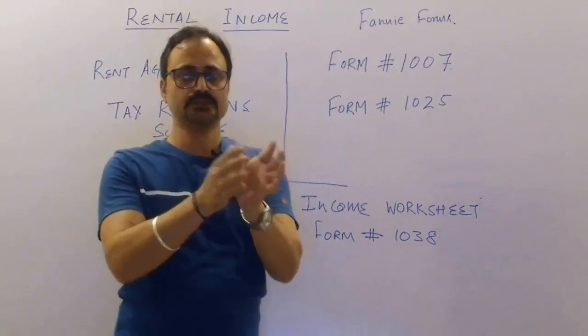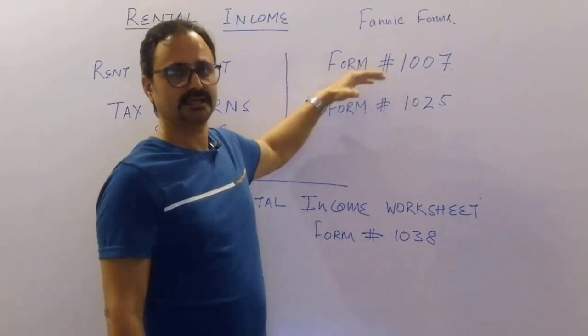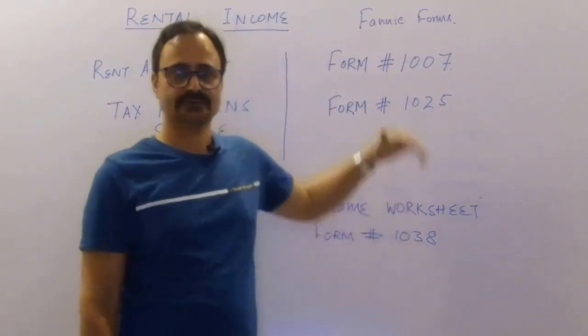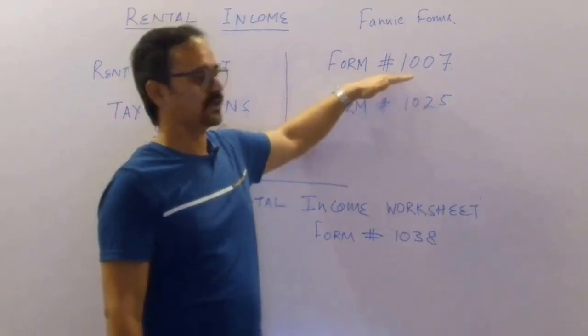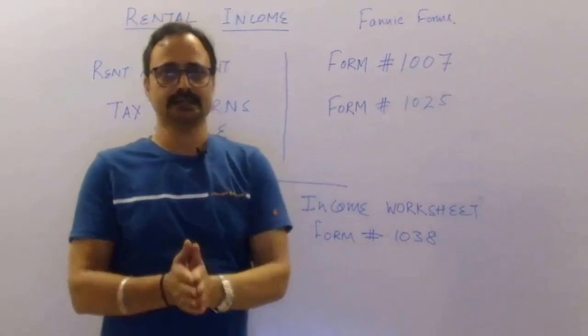Based on those 3 or 4 properties, the appraiser is going to fill in an average rental income for our subject property. That is how we can get this 1007 and utilize it for rental income calculations.